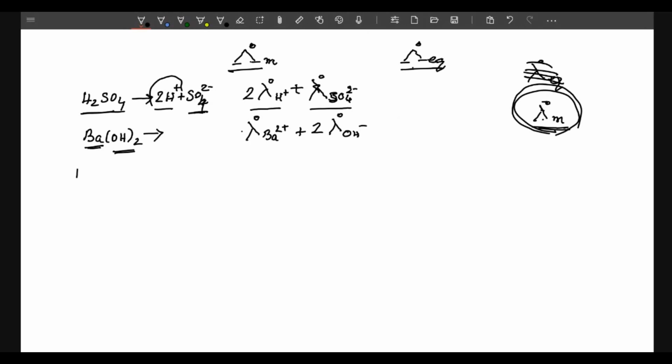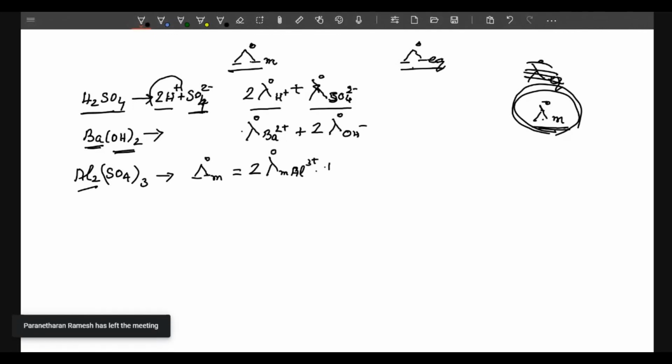Can you write down what would be the molar conductance of aluminum sulfate from the respective molar ionic conductances? It is given by lambda naught of aluminum sulfate is equal to, how many aluminum ions would be found? 2 aluminum ions, so 2 into the molar conductance of aluminum 3 plus at limiting or zero concentration.